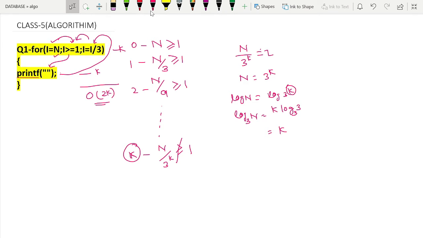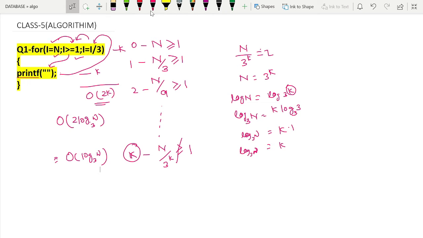So k equals log 3 base 3, which is 1, and log n base 3, so k equals log n base 3, right? So this will be executed log n base 3 times. This will also get executed log n base 3 times. So at last we get 2 log n base 3. We can simply write it as order of log n base 3, right?